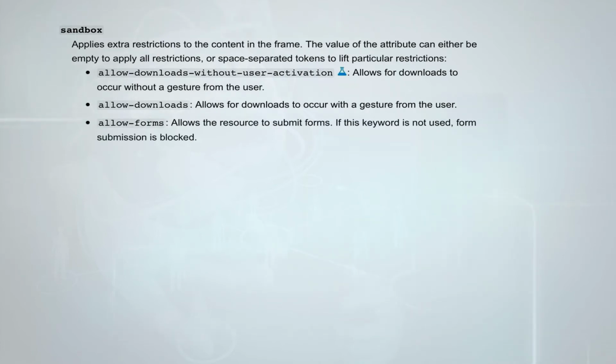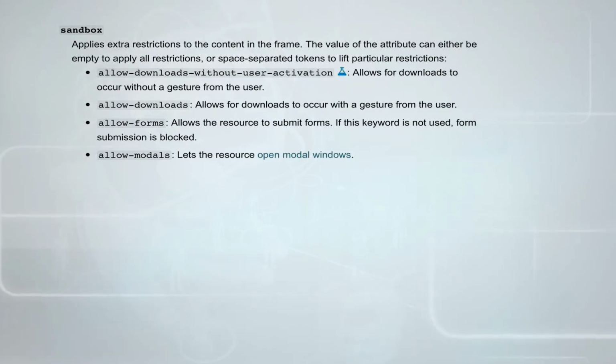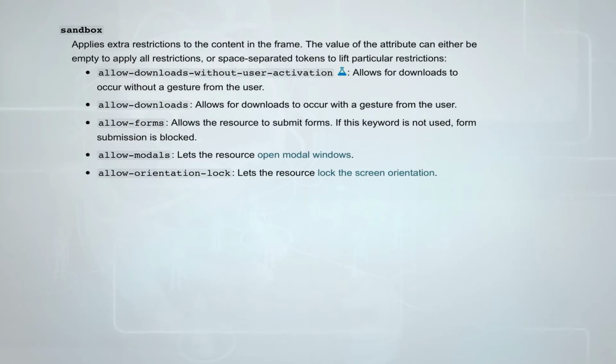Then we have allow forms. It allows the resource to submit forms. If this keyword is not used, form submission will be blocked. Then we have allow modals, so the resource can open modal windows. Allow orientation lock lets the resource lock the screen orientation.